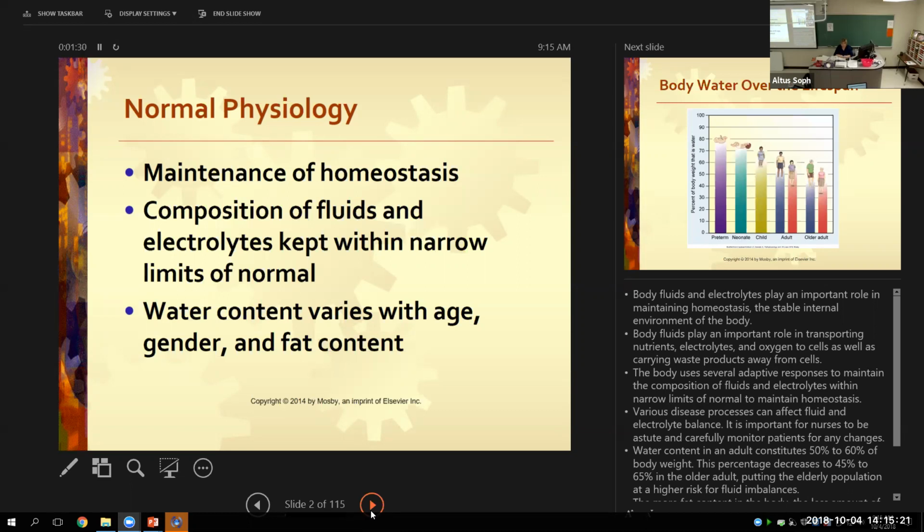What is one of the body systems? Just off the top of your head, what's the first body system you think of that helps keep us in balance? Respiratory, right. Because we're breathing in oxygen, but a very important part is we're breathing off what? CO2. And CO2 is a very, very important factor in our pH balance, right?